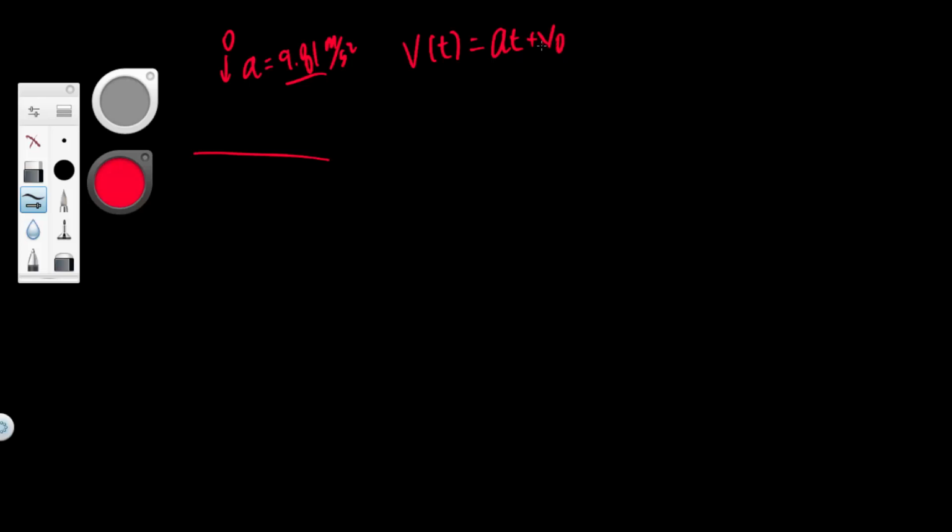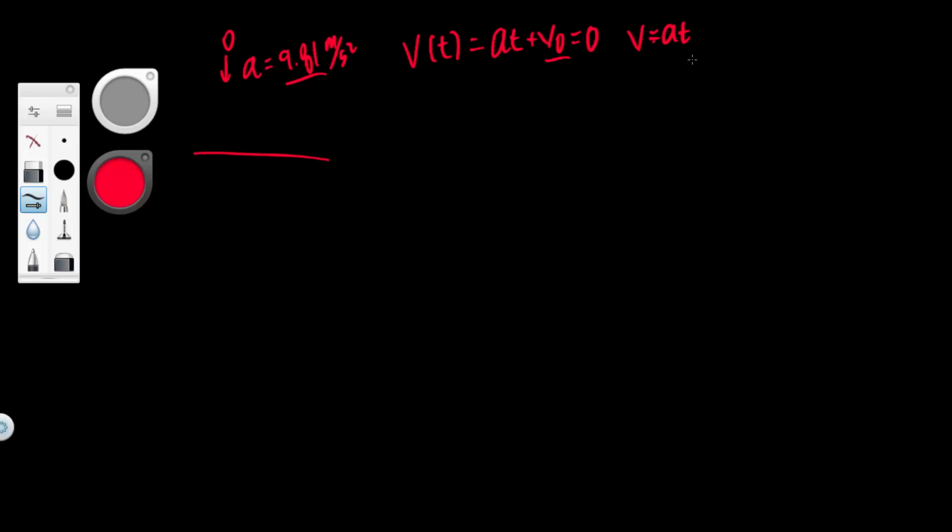So let's just say v0 is the initial velocity when we drop the ball. Well, that's just going to equal 0, because when we're letting go of the ball, at first the ball is staying still. So the velocity is going to equal the acceleration times time. So the longer time goes, the more the ball is accelerated, the faster the ball is going, right? The acceleration itself is constant.